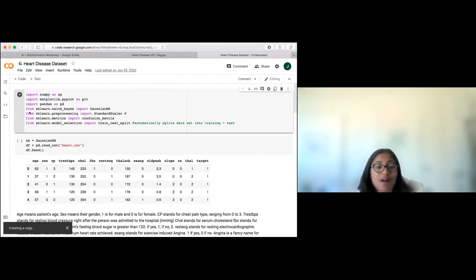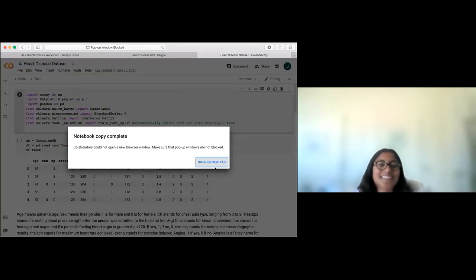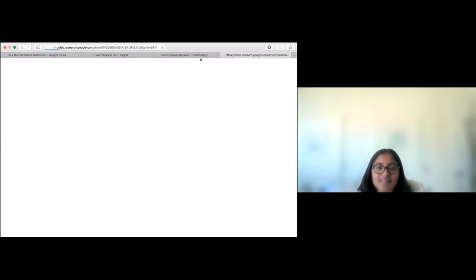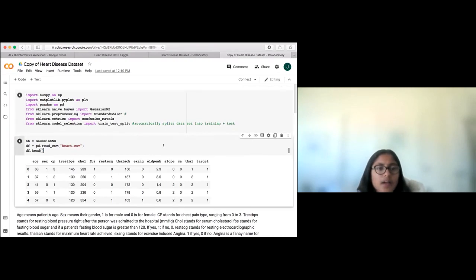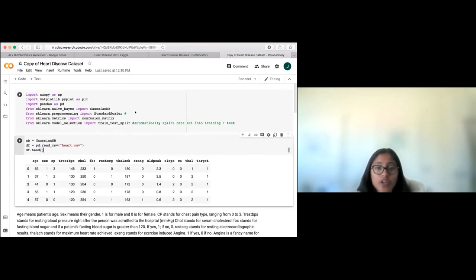Oh, wow. So in this case, we're not using random forest.